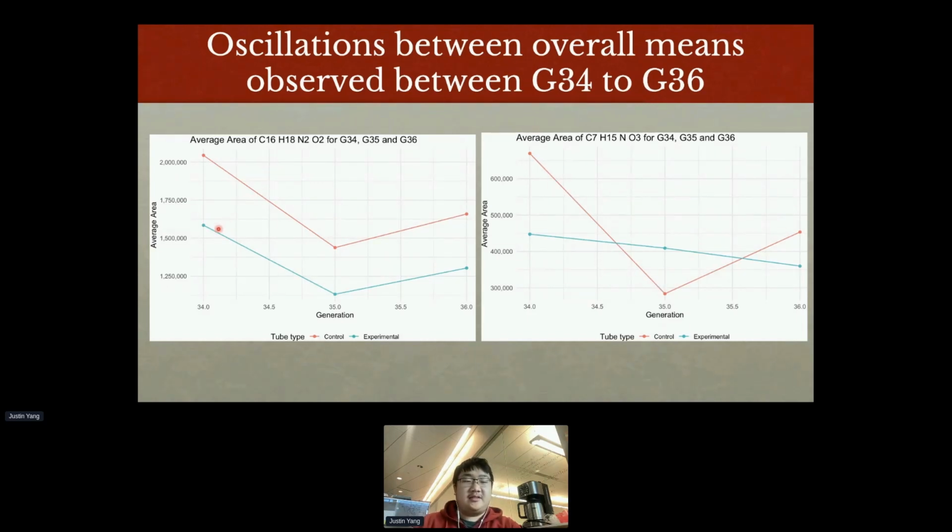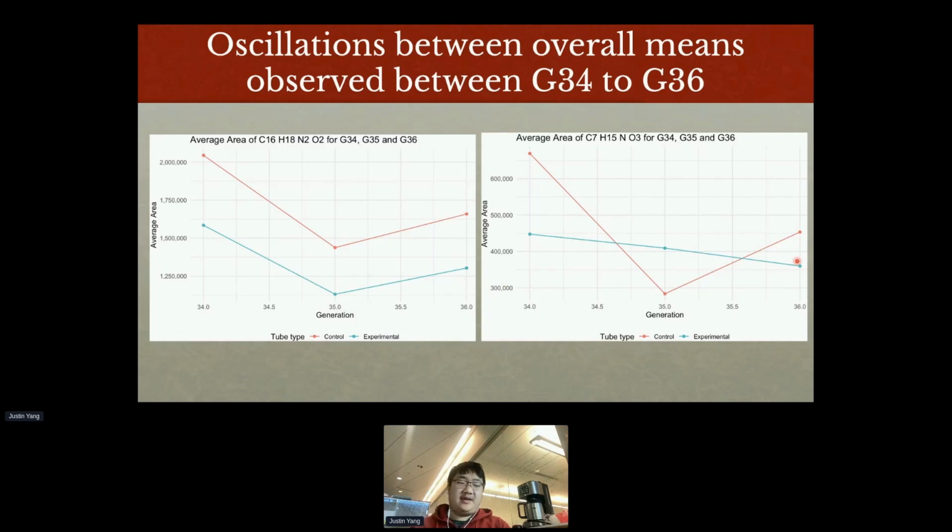One, that the total mean value goes down and back up and down, as in the case of the graph on the left, but also that there's a flip-flop between directionality, as seen on the graph on the right, with the experimentals being lower than controls in 34, then higher in 35, before becoming lower again in 36.